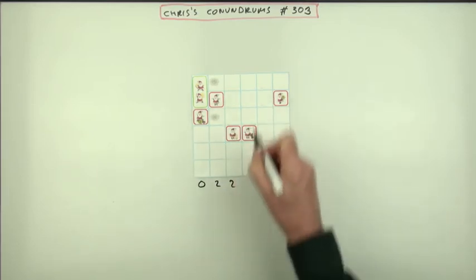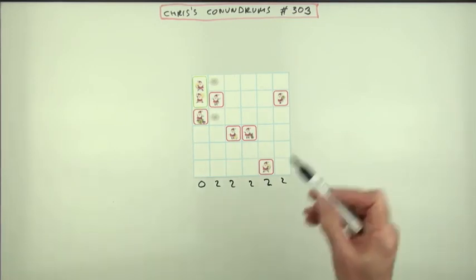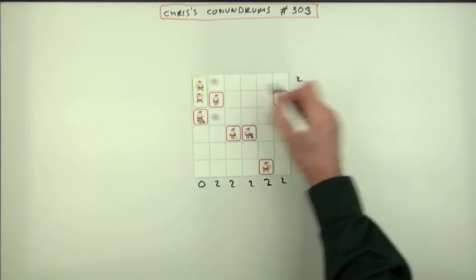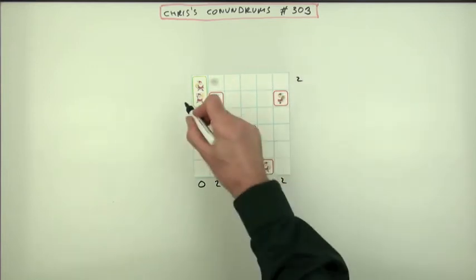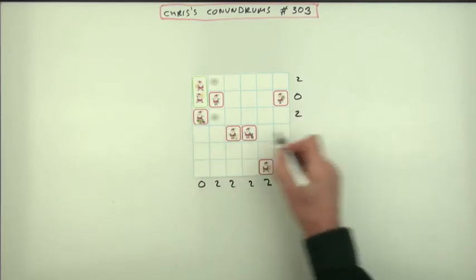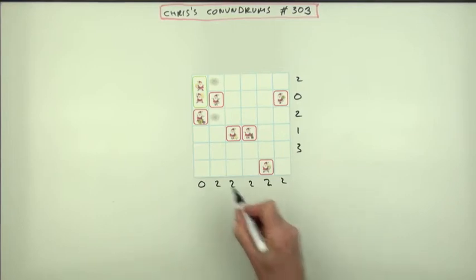In fact, all these columns have now got a valency of 2. Across the way, I'll put it over this side, that's got 1 occupied, so this row has a valency of 2. This one is complete. This one's got a valency of 2. This has got a valency of just 1. That's completely empty, so it's got a valency of 3, and that's got a valency of 2.